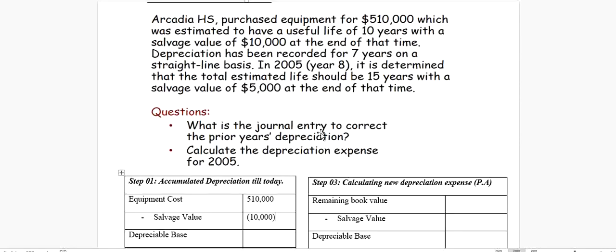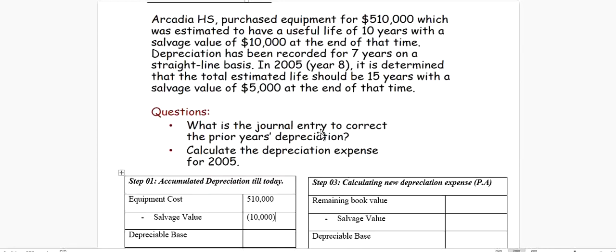Remember, if I connect this with the irregular items in our income statement, this is an irregular item called change in estimates, and for change in estimates we do not need any adjusting entry. The adjustments of change in estimates are not done retrospectively, which means we do not adjust historical data or prior years' data.